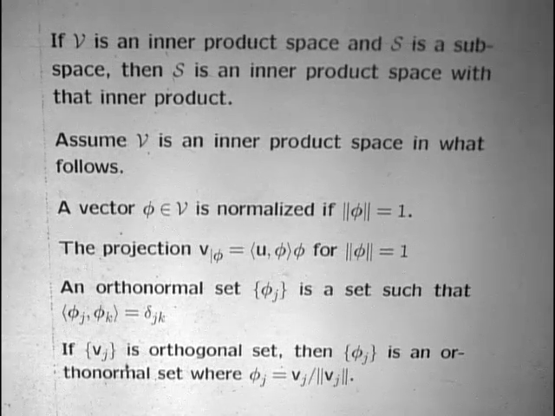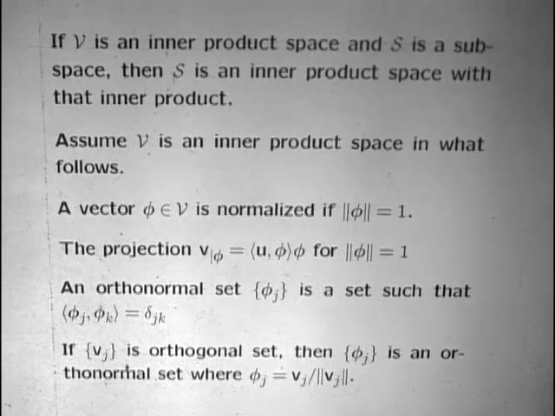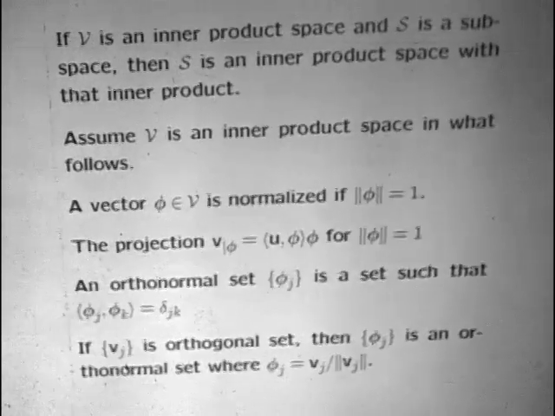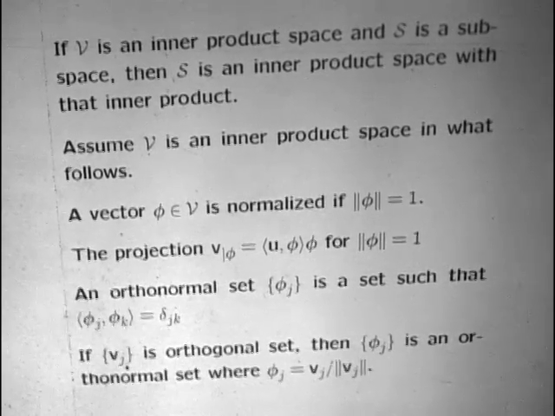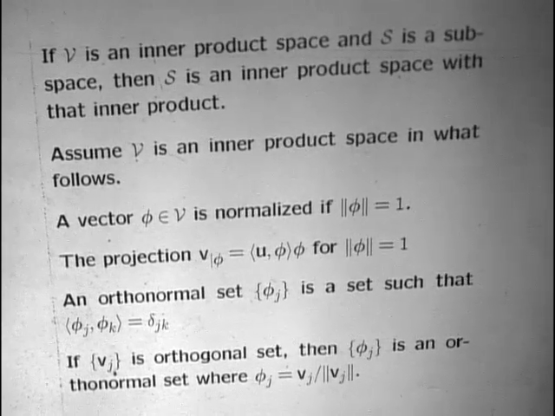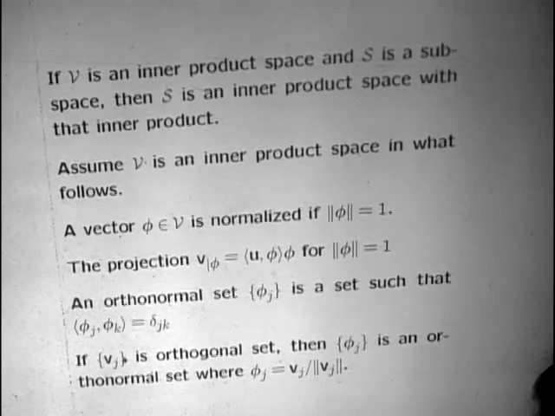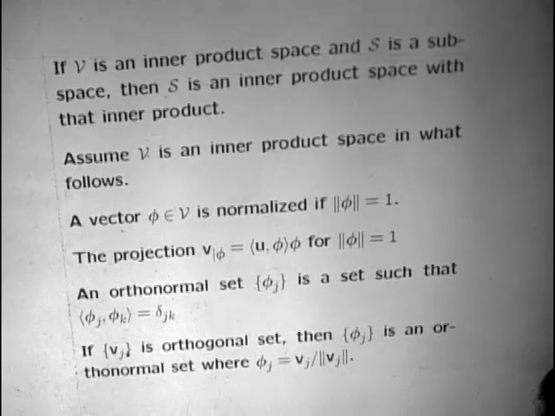Because I can't get out of it by linear combinations, and the inner product is defined for every pair of vectors in that space. So we still have a nice, well-defined vector space, which is an inner product space and which is a subspace of the space we started with.